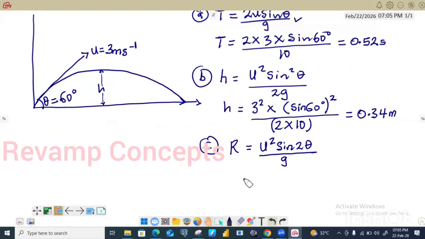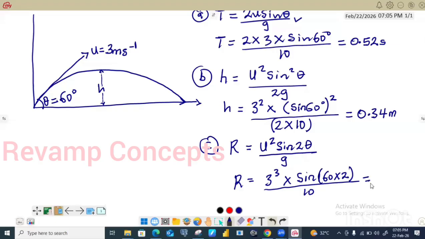And if you substitute the values, you are going to have R equal to, our u is 3, so 3 square multiplied by sine 2 theta, which will be 2 times 60. So that is 120. So you have sine 120 over 10. Sorry, I divided by 3 instead of by 2.